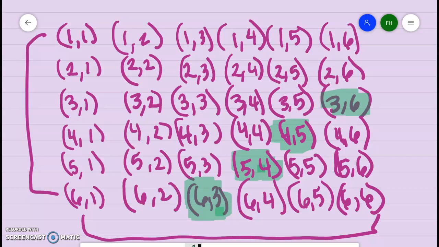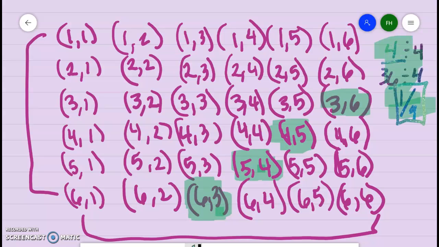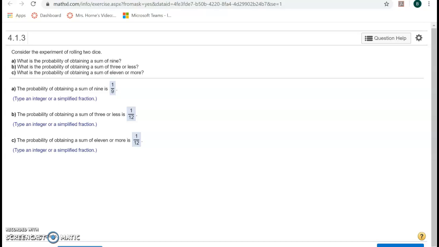So there are 4 out of 36, which simplifies to 1/9. So that is for the sum of 9.